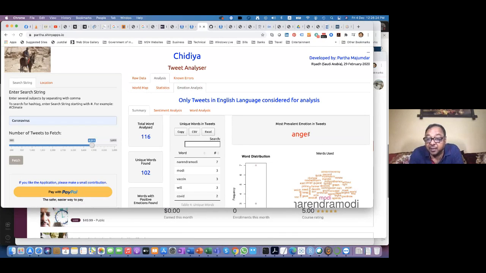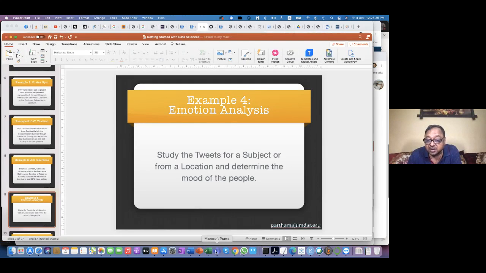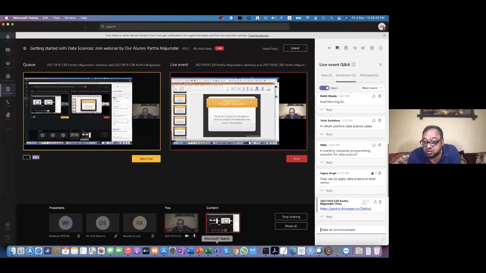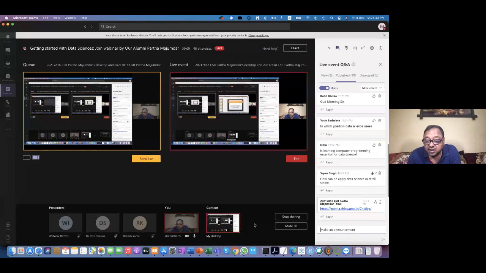People are feeling angry about coronavirus. So you can see that I'm able to detect emotions from the tweets I'm able to fetch. I hope I gave you a practical example of the application of data science, and you could see it in action. We have no further questions, so we will continue.